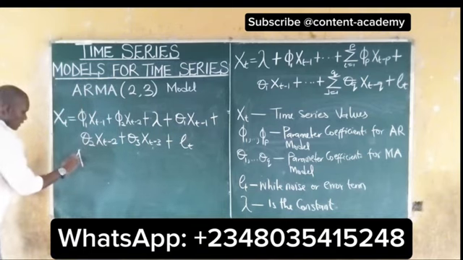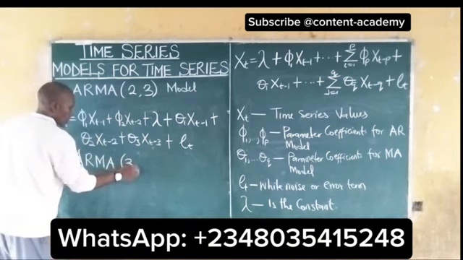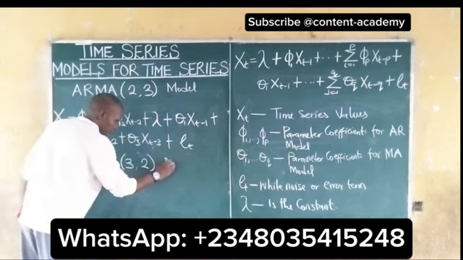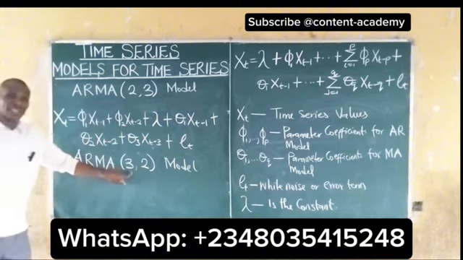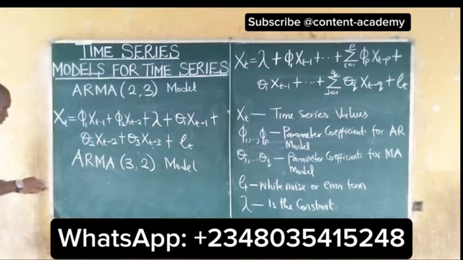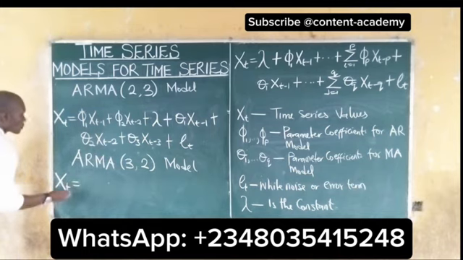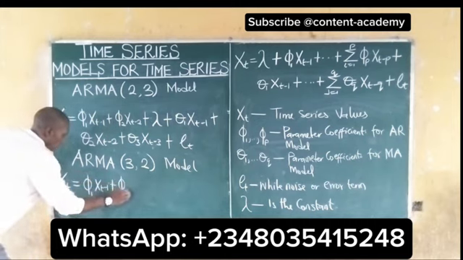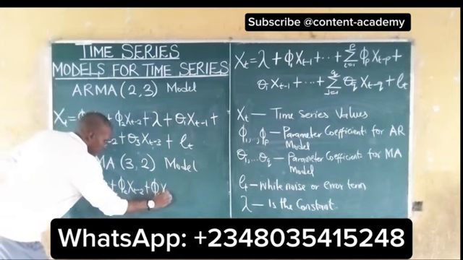We can also be asked to write the ARMA model of order 3, 2. What this simply means is that we have the autoregressive model of order 3 and the moving average model of order 2. So we can still write it out. It will give us X_t is equal to phi_1 X_{t-1} plus phi_2 X_{t-2} plus phi_3 X_{t-3}.